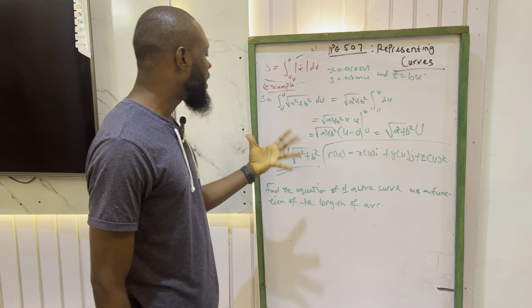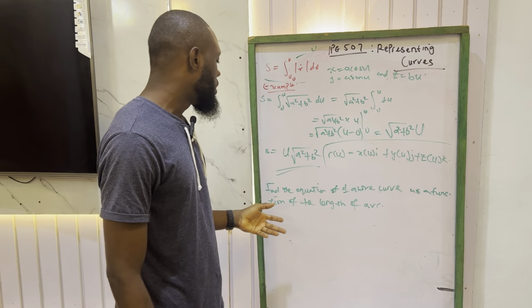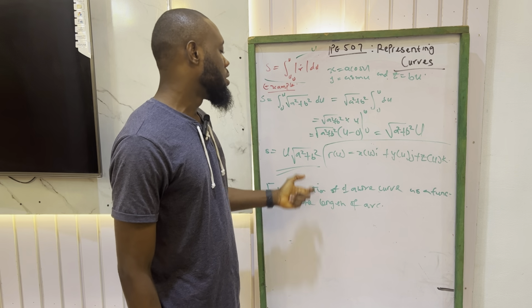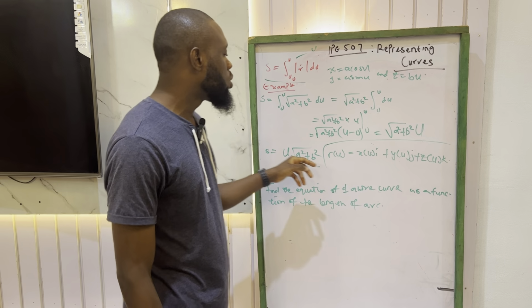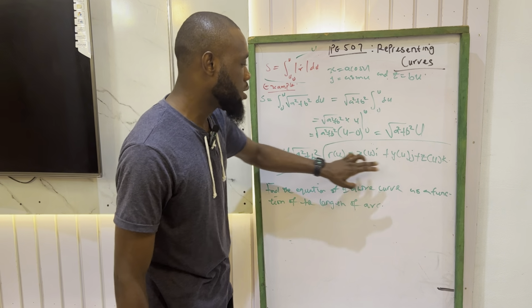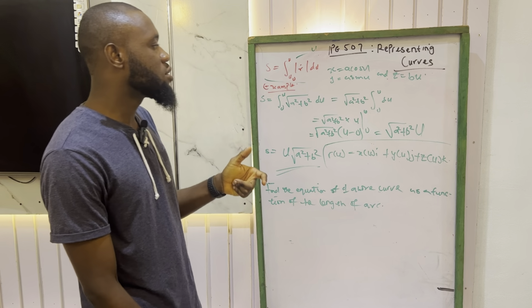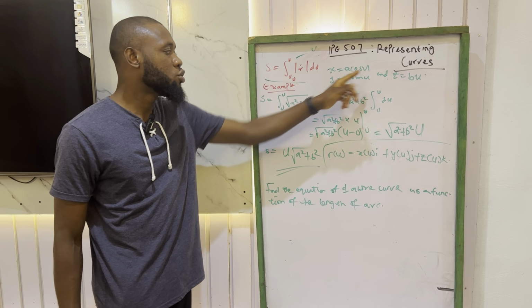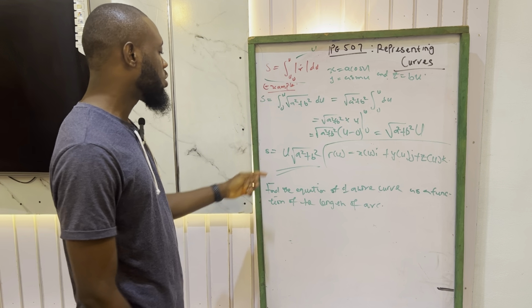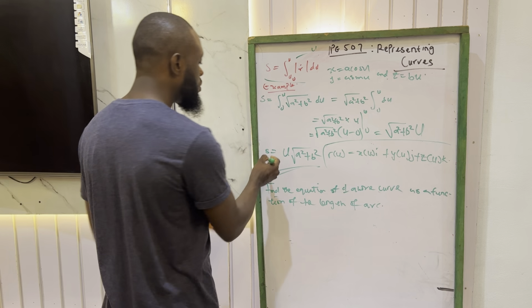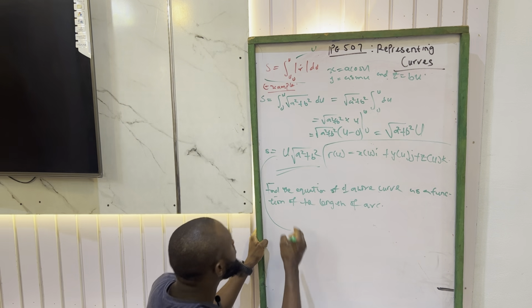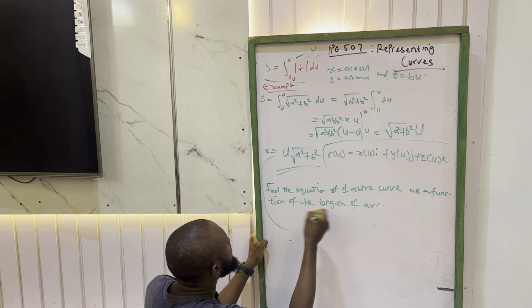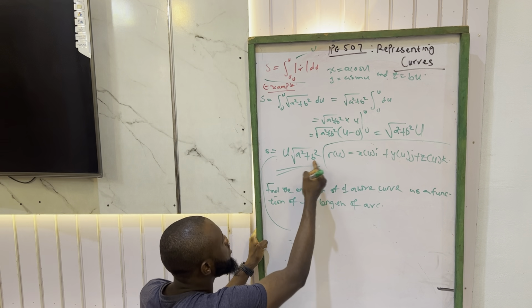So they're saying to find the equation of that curve as a function of the length. This is the general formula. So if we slot this in, we've gotten the general equation, but we've gotten it in the form of u as a function of u, not as a function of the length of arc. So to get it as a function of length of arc, we make use of the formula in this question here. To make use of the formula, simply divide both sides by this term.